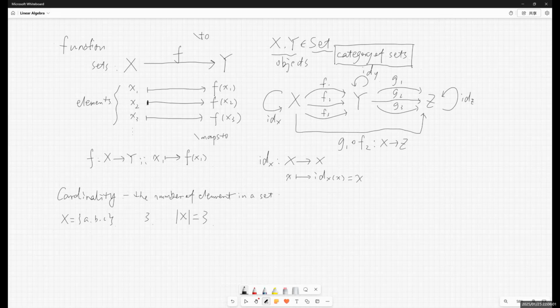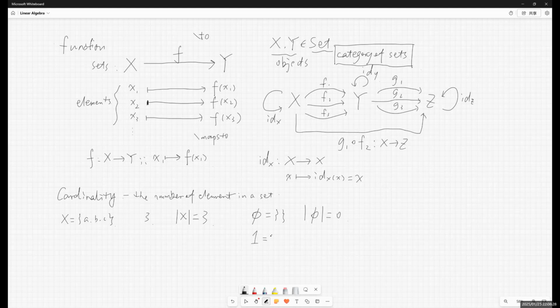But many of our future study will be based on the cardinality. To get familiar with that, we have the empty set, with no element. So the cardinality is 0.